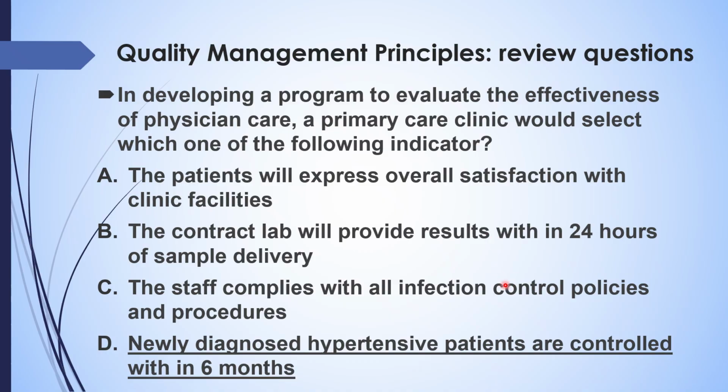The staff complies with all infection control policies. Newly diagnosed hypertensive patients are controlled within 6 months. This is an ambulatory care setting, remember. So the physician is performing very well in controlling hypertension for patients within 6 months. That is the physician effectiveness, correct?